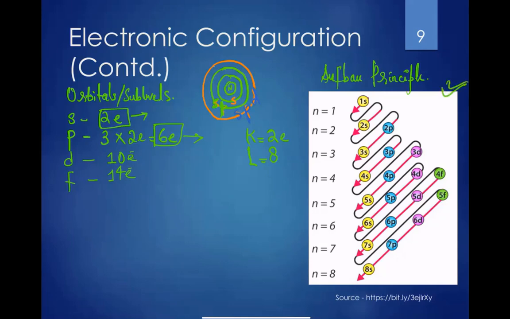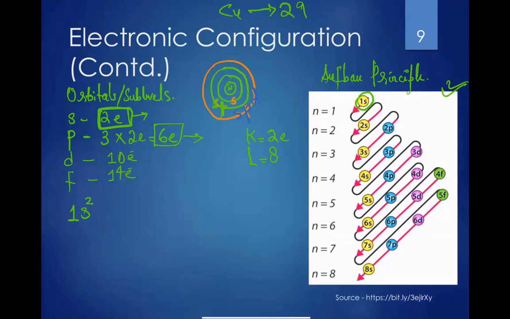The first one starts with 1s, and S can have 2 electrons. We are doing it for copper, which has the atomic number of 29. So 1s2. In the superscript, you write the number of electrons that orbital has.